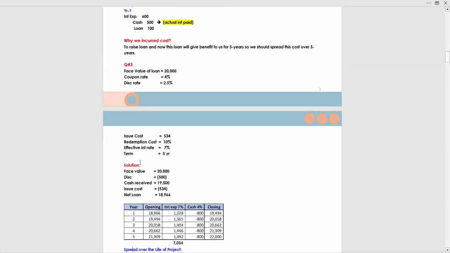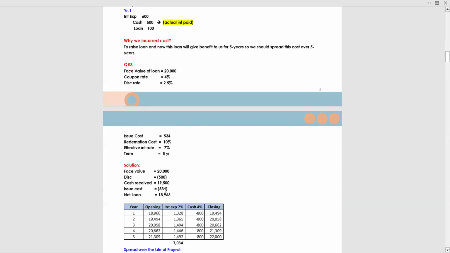Okay guys, be relaxed. Now, face value is 20,000, from which we deduct the discount of 500, which gives you the cash received of 19,500. Out of this 19,500, we also pay or incur a cost, the issue cost.